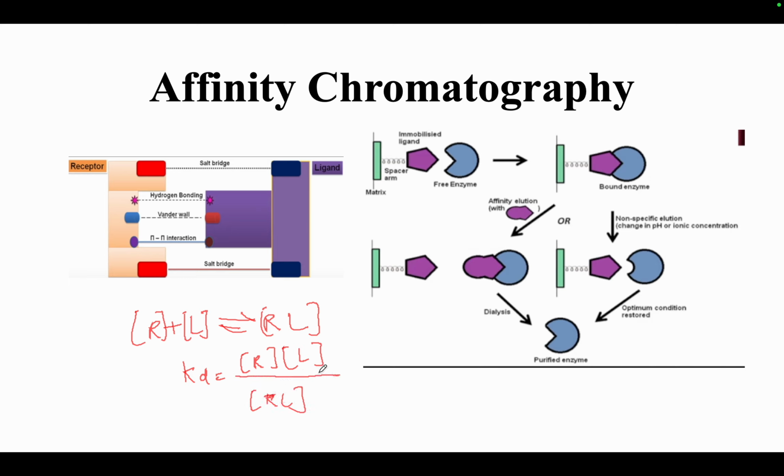Okay, so you can change this KD by changing salt concentration, ionic strength, or also pH. So you can change this dissociation constant and get your purified enzyme at the end for elution.